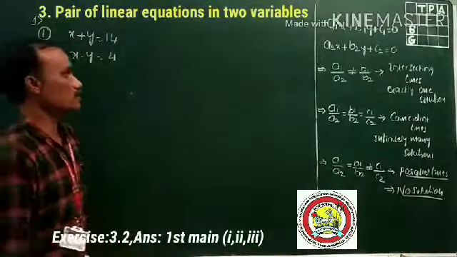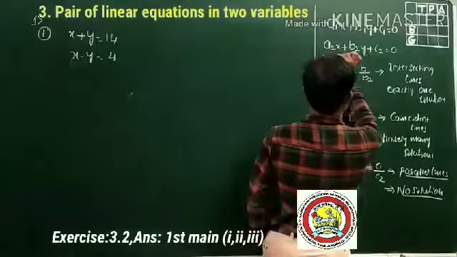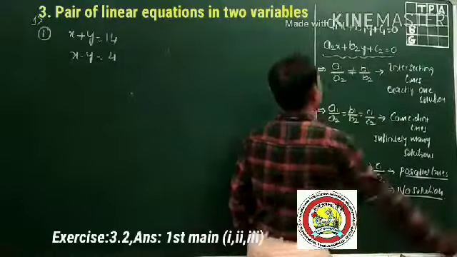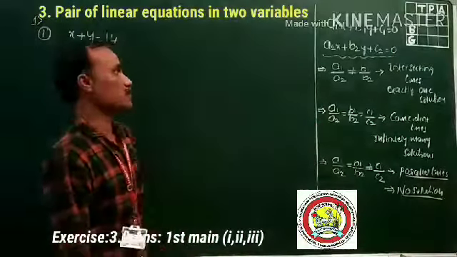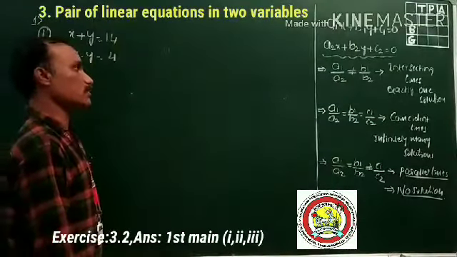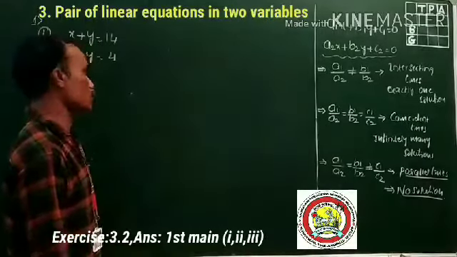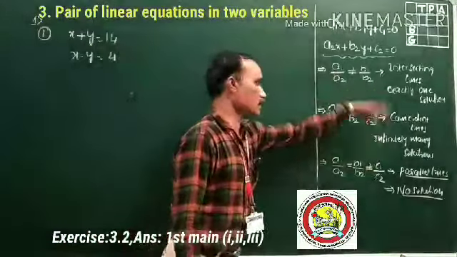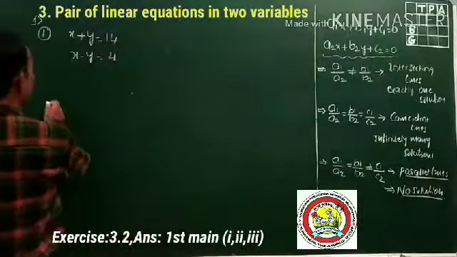Before going to find the solution, first you have to check whether the equations are in the form a1x plus b1y plus c1 is equal to 0 and a2x plus b2y plus c2 is equal to 0. Note down the values.